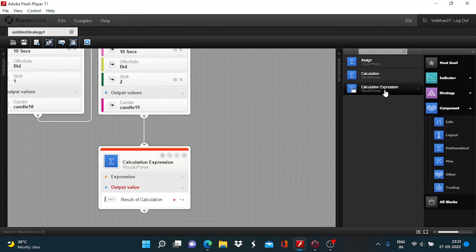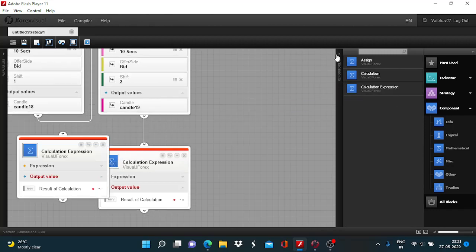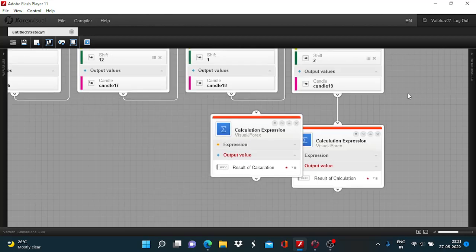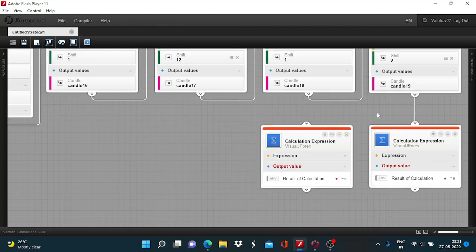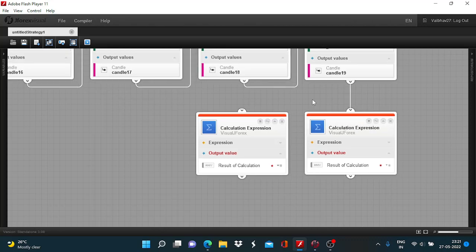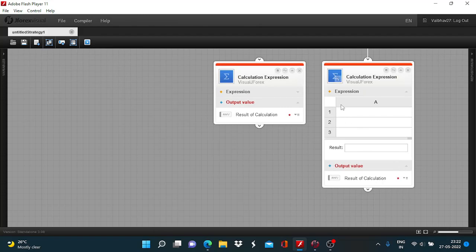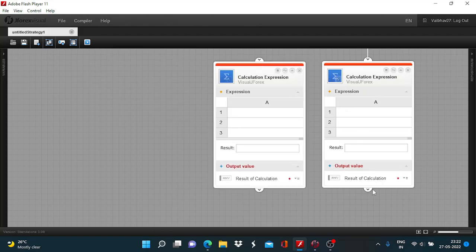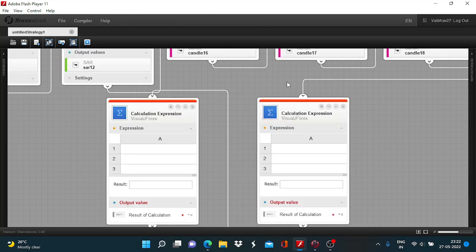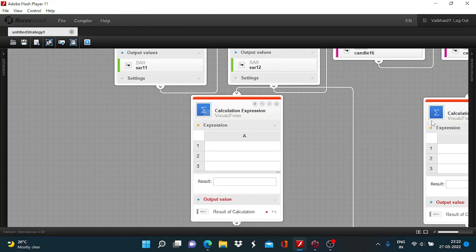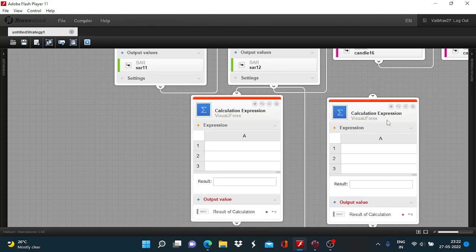We will have to do the calculation both ways, when the last hour's SAR output is greater than prior hour's SAR output, as well as when the last hour's SAR output is lower than the prior hour's SAR output. So for that we are going to need two of this. So let us get the calculation done, which we then can utilize while setting the conditions.